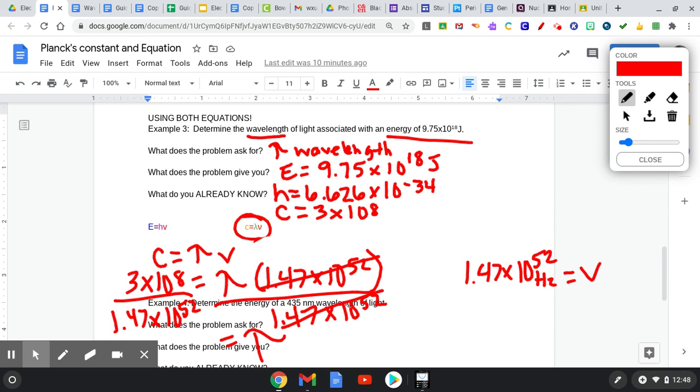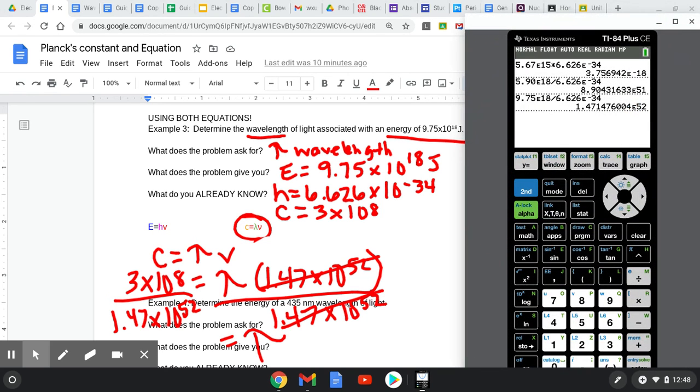And then my wavelength will be my result here. So we would say 3E8 divided by 1.47 E52. So I would get 2.04 times 10 to the negative 44 meters.